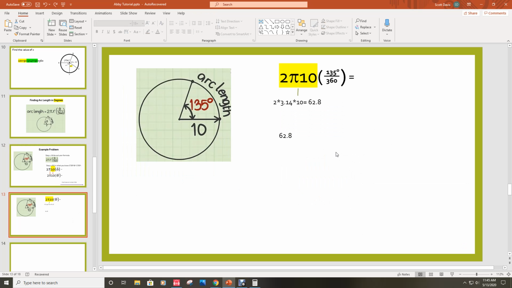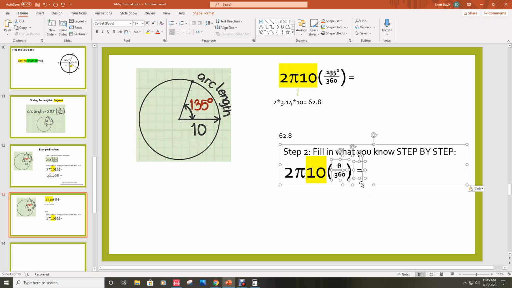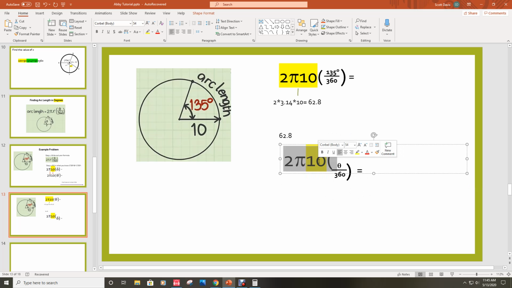Let's see what that does. Let me paste that over here. Get rid of you. Put you back over here. Oh, I know why. That's a whole separate text box, so you can go away.